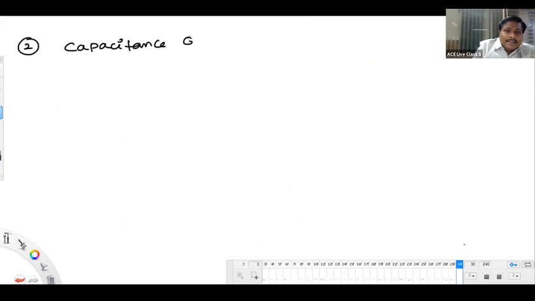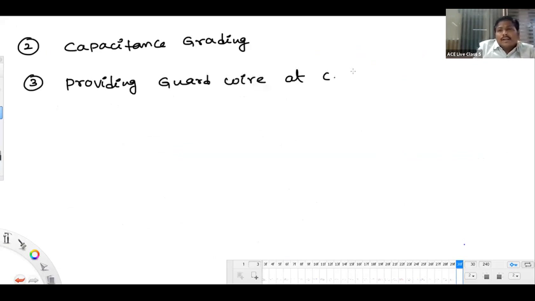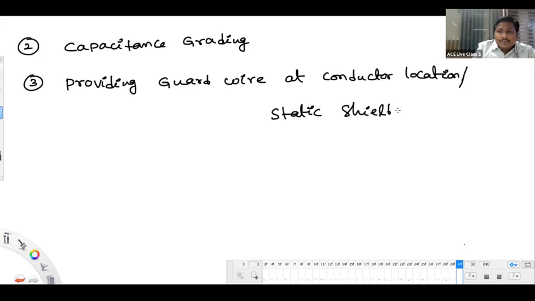The third method is providing a guard wire at the conductor location. Else, you can call this method the static shielding technique.